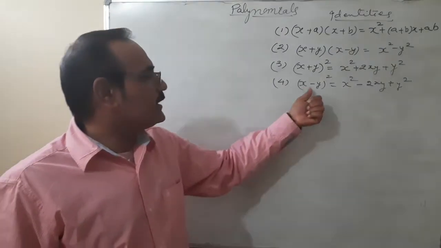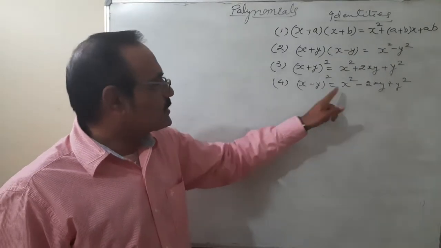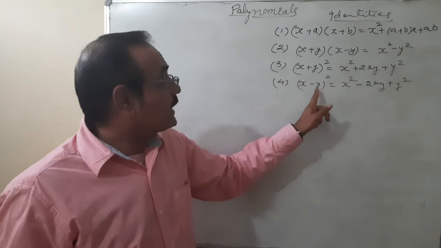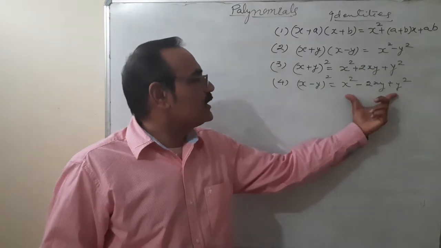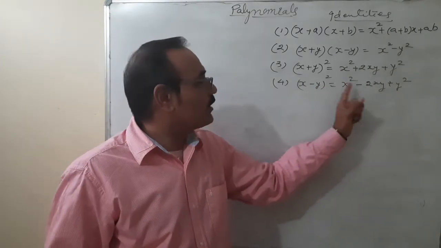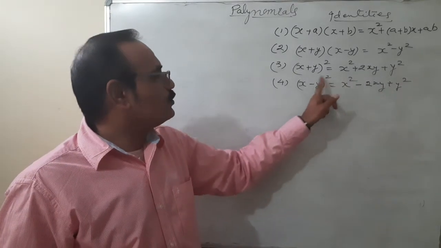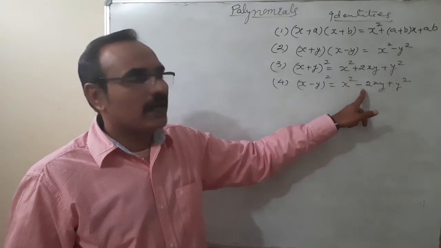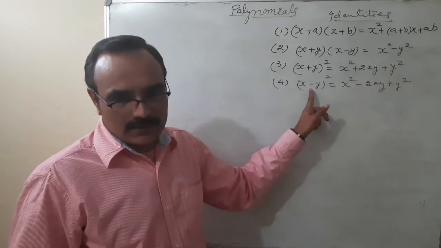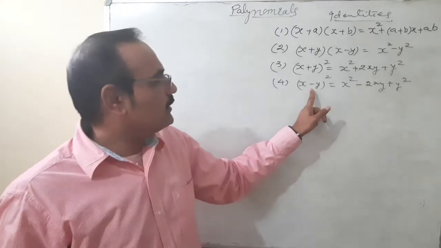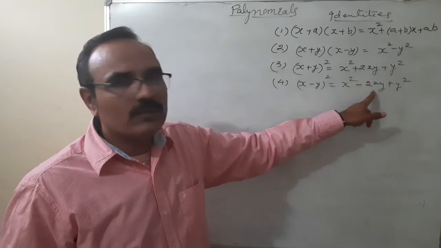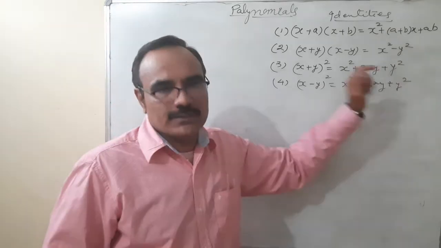But in the minus identity (x minus y), the first term whole square plus second term whole square, both the terms which are having square are always positive. And the 2 multiplied by first and second has a minus sign if there is a minus. So keep in your mind, if there is a minus sign, this middle term will be negative only and these two will be positive.